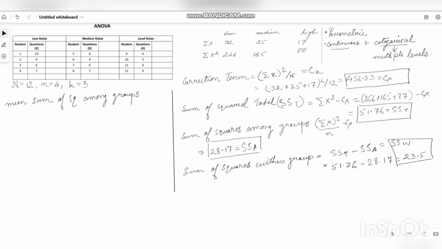That is SSA by k minus 1, and this is denoted by MSSA. So the value of SSA is 28.17 divided by k, which is 3 minus 1, that is 2, and it comes out to be 14.08.